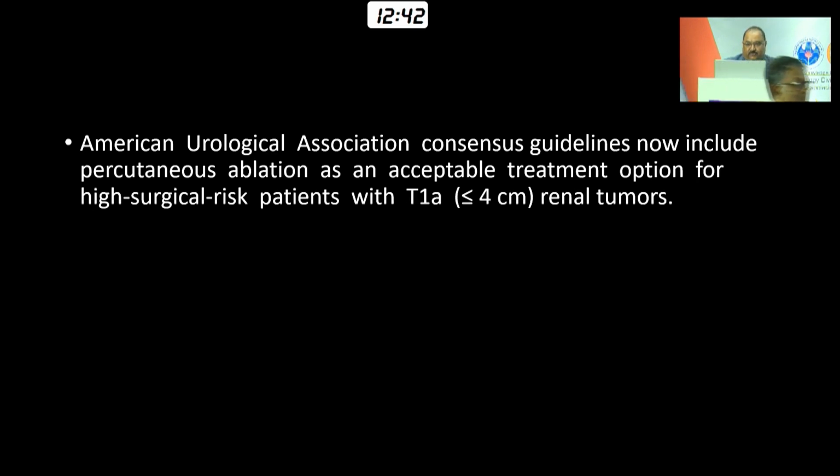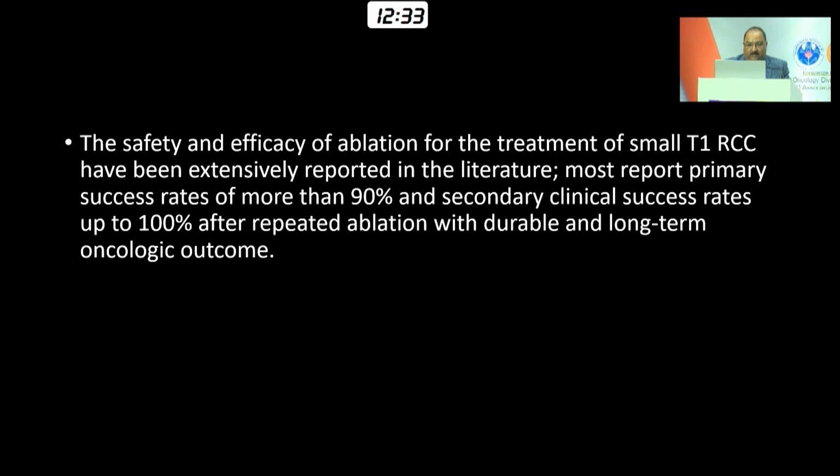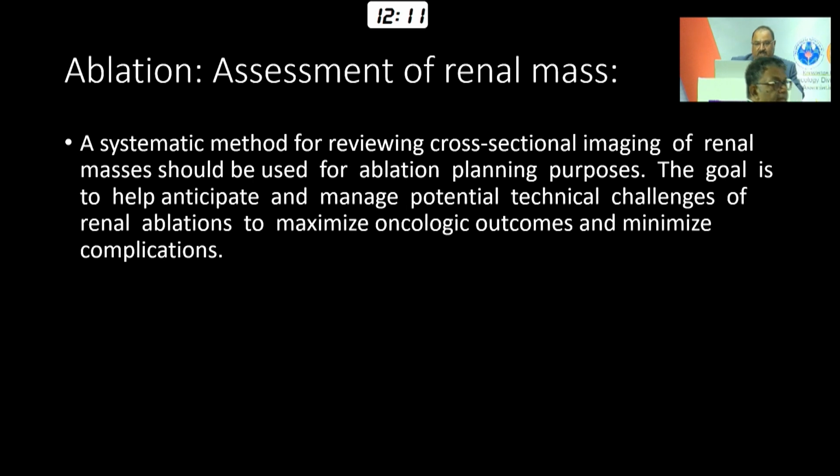The American Urological Association has included T1a tumors as a treatment option for ablation therapy. And now we know with this robust data that the safety and efficacy of ablation for the treatment of small T1 RCC, whether T1a or T1b, both included, is more than 90% for success rate, and secondary clinical success rate is up to 100%.